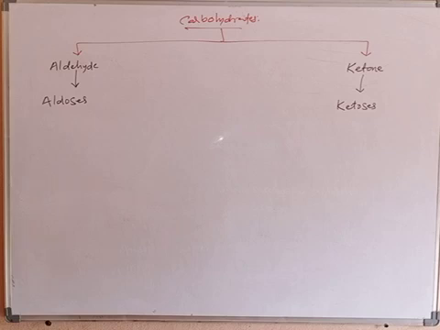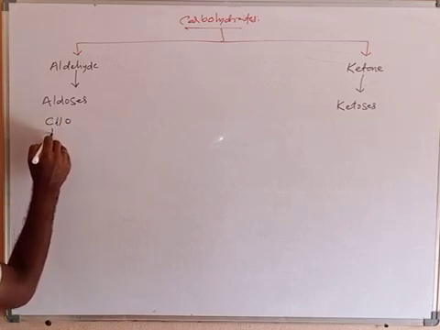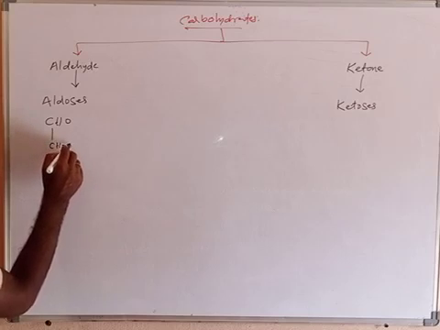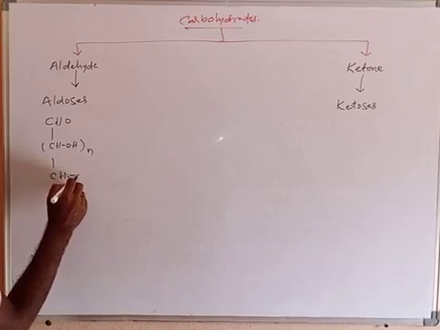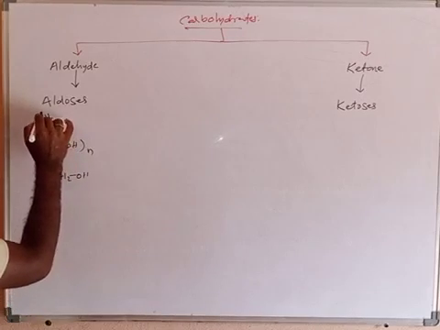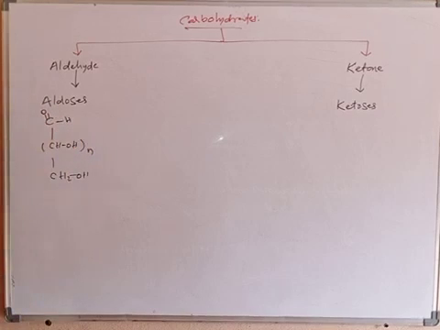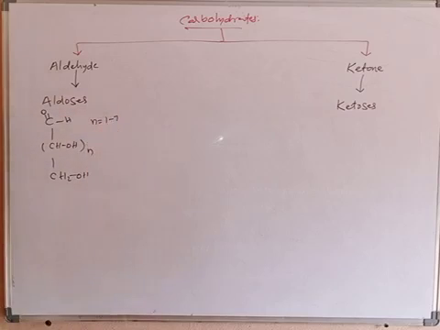The general formula of aldoses: CHO, (CHOH) taken n times, CH2OH. Here CHO is the aldehyde functional group, C double bond O single bond H, and n can be 1 to 7.